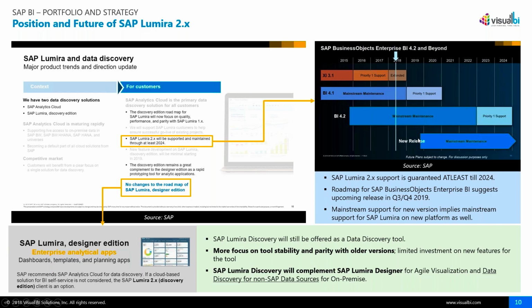Now, every new release has a minimum of 7 years mainstream support, and that means that along with BusinessObjects BI, their flagship tool, that's SAP Lumira, can be expected to have support till at least 2030, maybe even more going forward. Now, that by itself should offer enough evidence for customers who are concerned about SAP Lumira's future. SAP Lumira is here to stay.